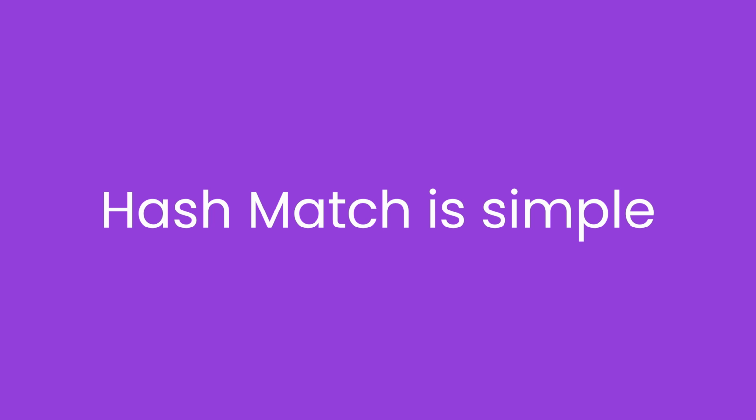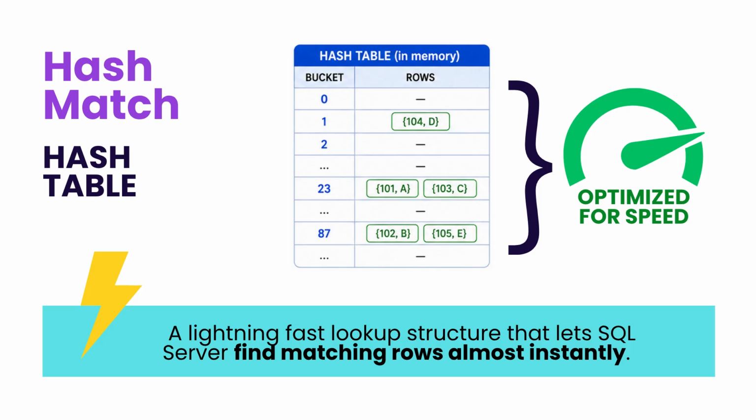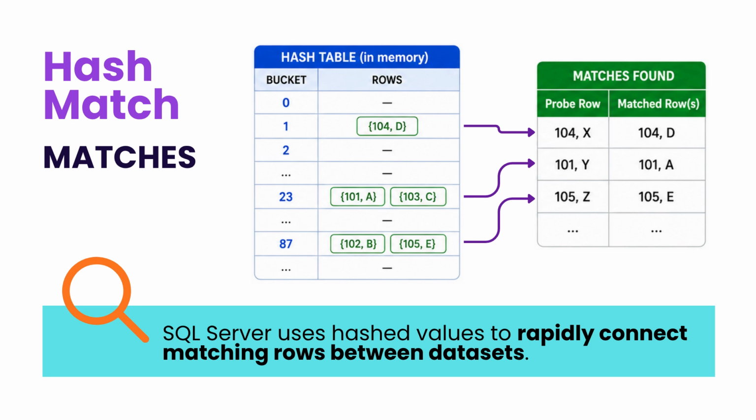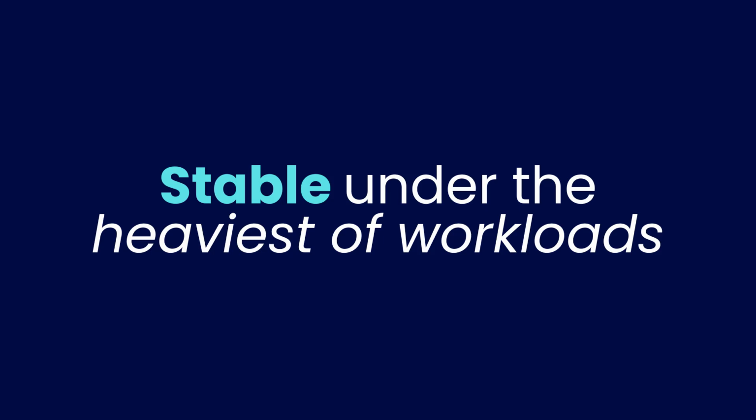The hash match strategy is simple. First, it builds an in-memory structure optimized for speed. Then it probes that structure to find matches almost instantly. Two phases, build and probe, and together, they're the reason SQL Server can scale joins across millions of rows without collapsing under the workload.